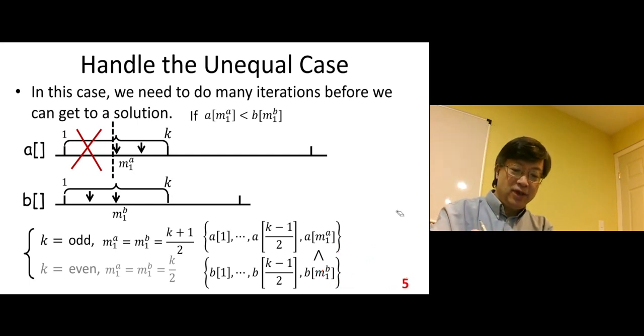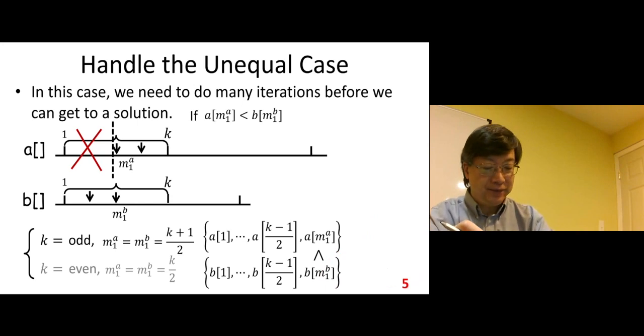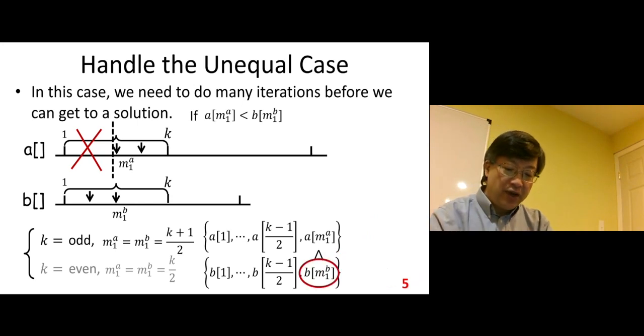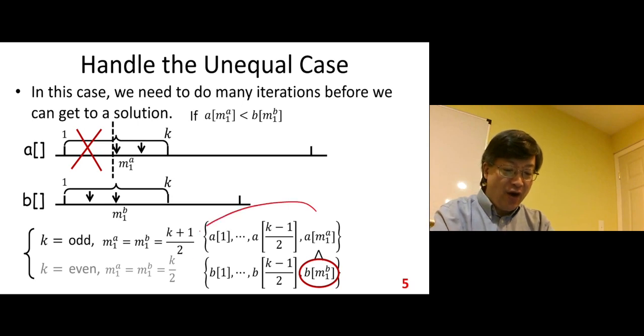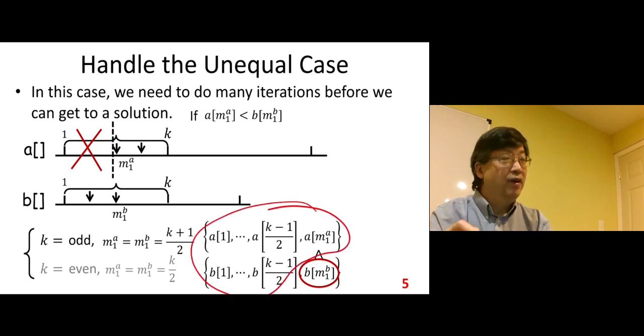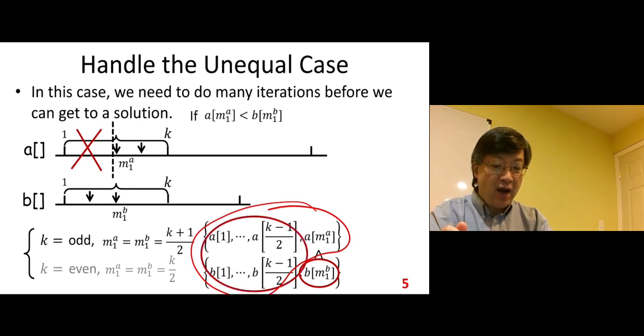Let's look at this B element, BM1B. How many elements can this one beat? All these elements, right? BM1B can beat all these. How many elements can this B beat?